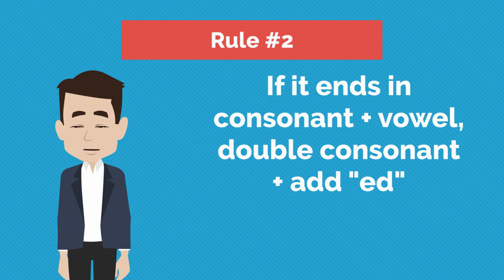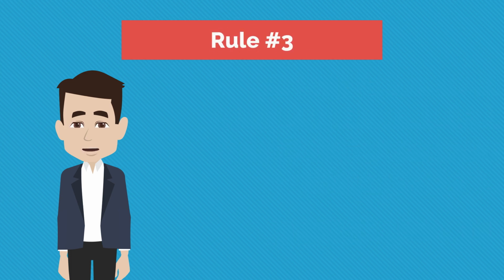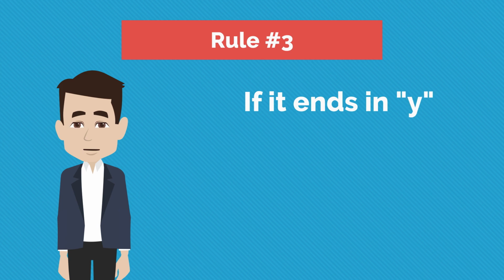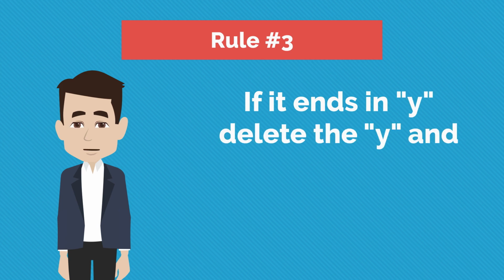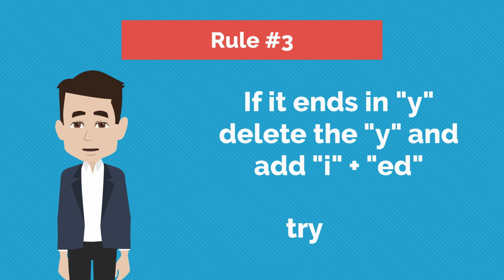For example, jog becomes jogged. Rule number 3. If the verb ends in a Y, delete the Y and add I plus ed. For example, try becomes tried.